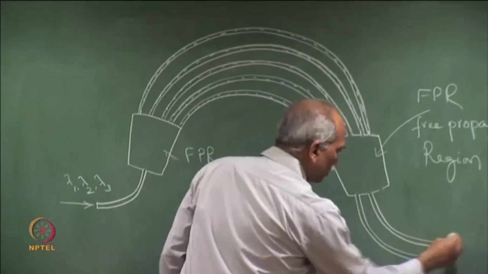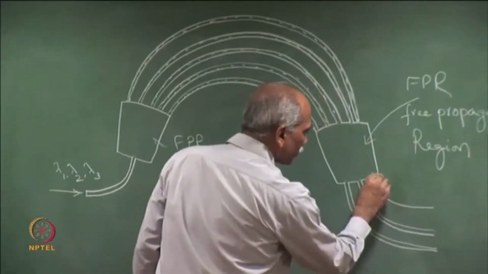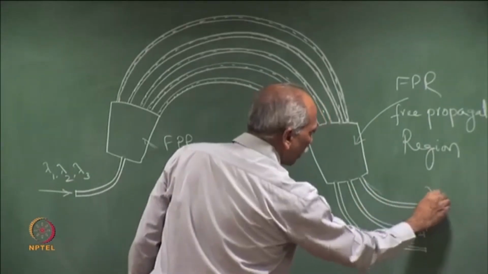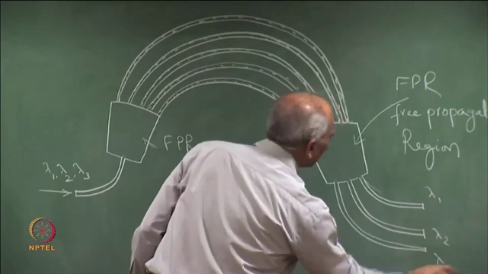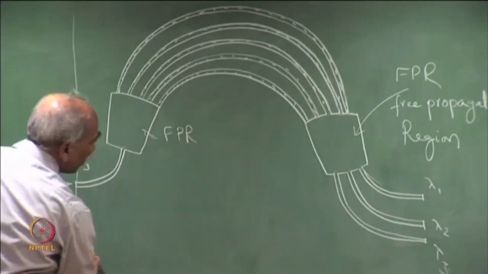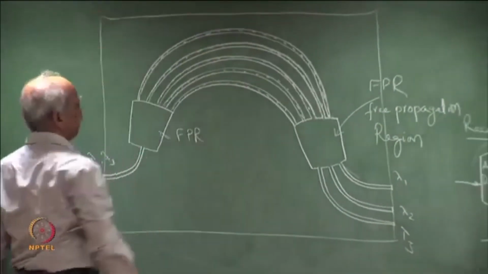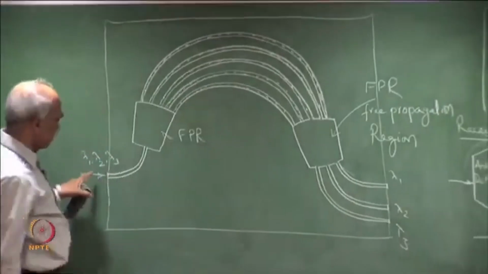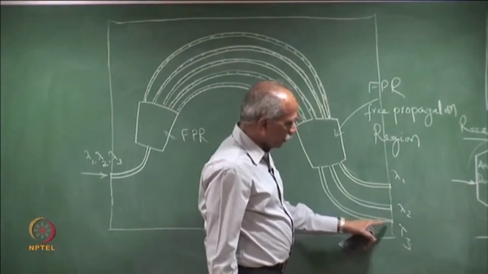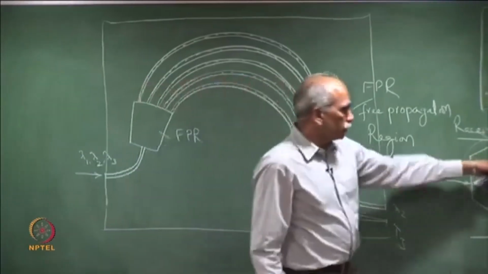I will not go into the design mathematics, but only the concepts. There may be several components on a single chip, but I am showing that this is an AWG chip. The input is the multiplexed wavelength stream and the output is lambda 1, lambda 2, lambda 3, which could then be coupled to optical fibers if required, or coupled to photodetectors.